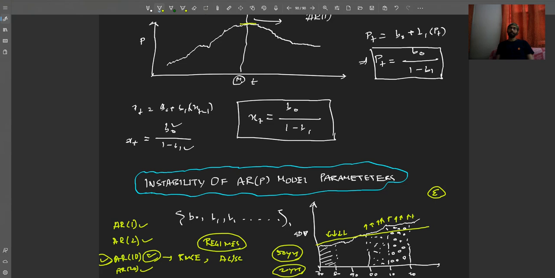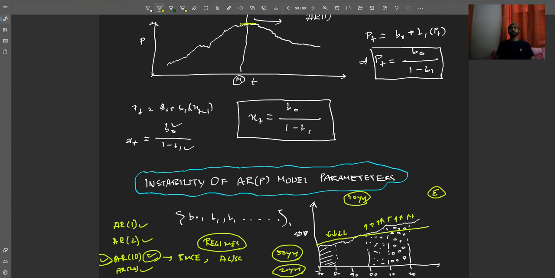Or if you regress for the last 10 years, then we might find that the AR1 model is doing much better. And the parameter values will change for each of them. So the parameter values will depend on the entire universe of the time zone that you are choosing, and this makes the parameters unstable. We define this as the instability of the parameters of the AR(p) models.